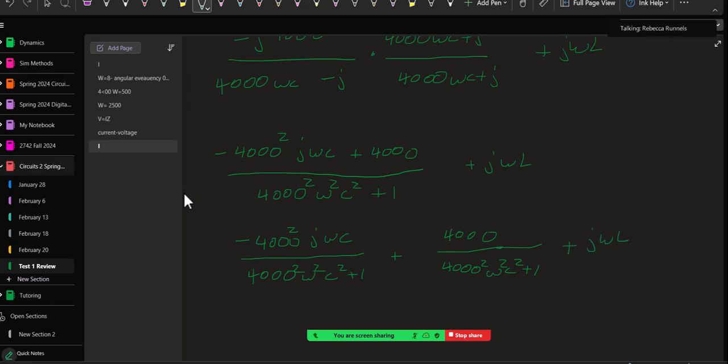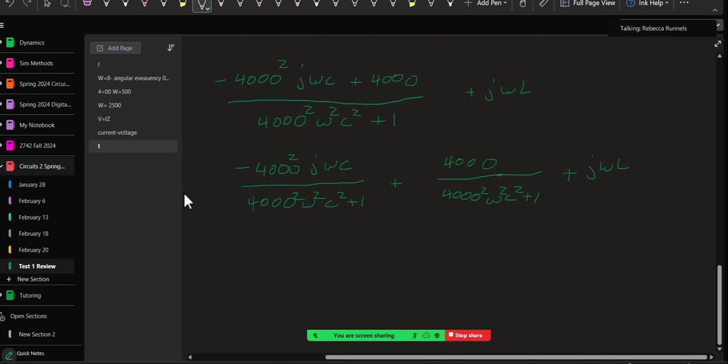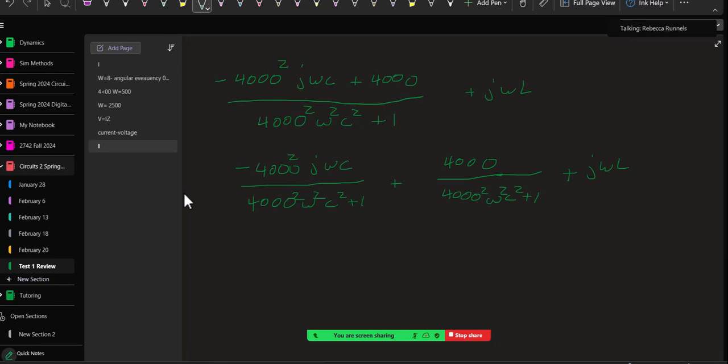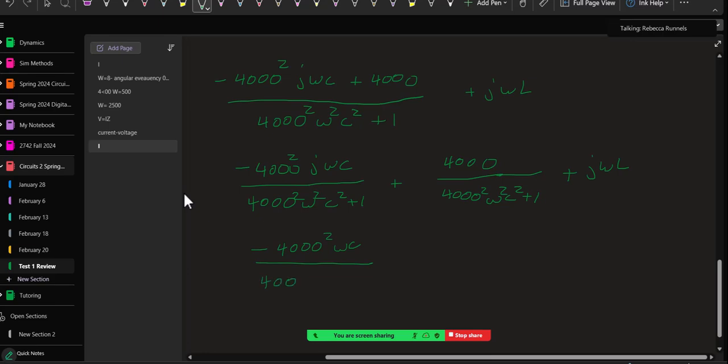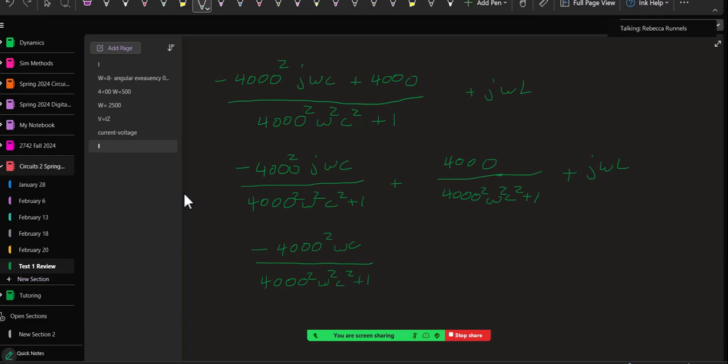Now to find the part where this is purely real, I need the parts with the j to equal 0. So I need minus 4,000 squared omega C over 4,000 squared omega squared C squared plus 1, plus omega L to equal 0.